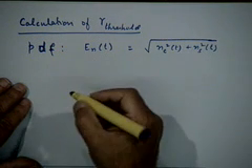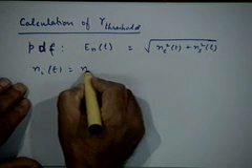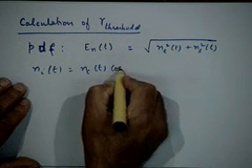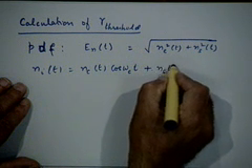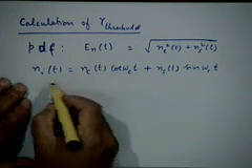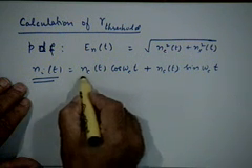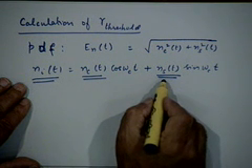You are working with Gaussian noise. Your n_i(t) is given by n_c(t) cos ω_c t plus or minus n_s(t) sin ω_c t. So this is Gaussian. What else do you know? That the two quadrature components are also Gaussian.